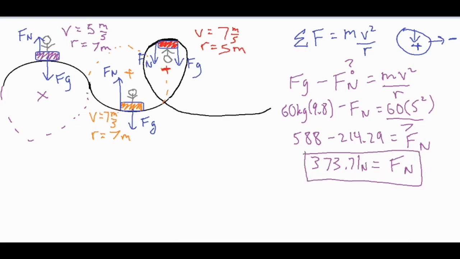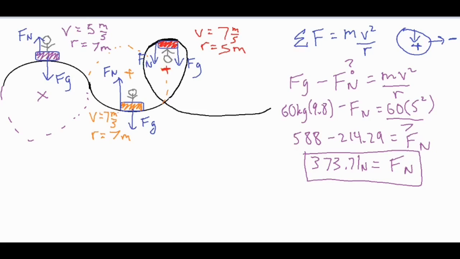One value that wasn't written on the screen was the 60 kilogram mass, so I went ahead and added that in. So our FG is mg, which is mass times 9.8, minus the normal force, and then m, our v squared, and our r given from the problem. Now, if you add Fn to both sides, it goes to the right side of the formula, and then you subtract this number over here, which is 214.29, from our FG of 588, and we get 373.71 newtons.